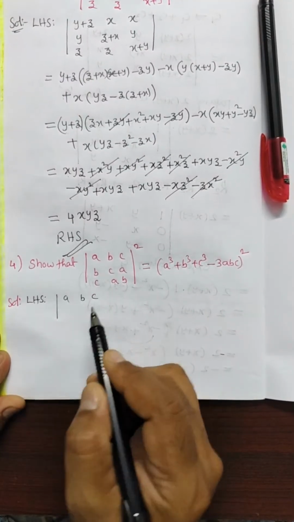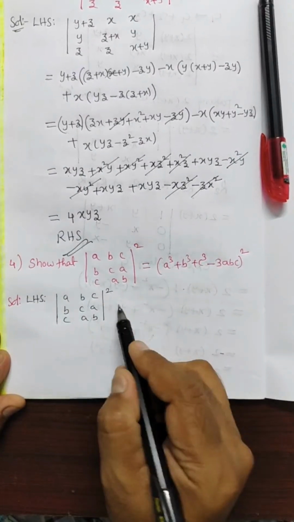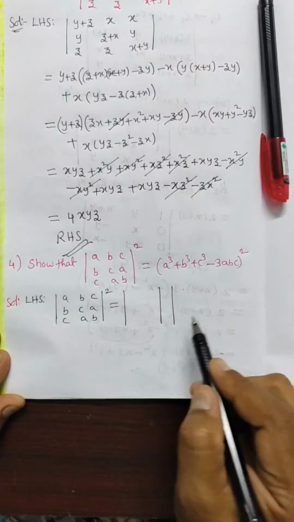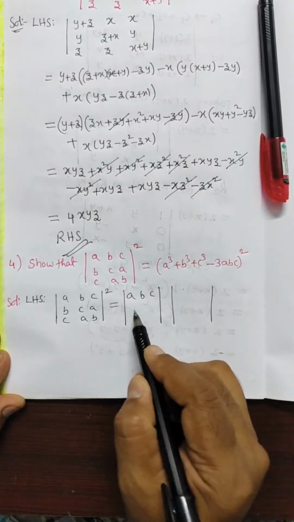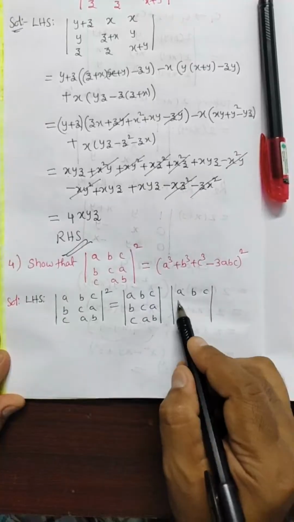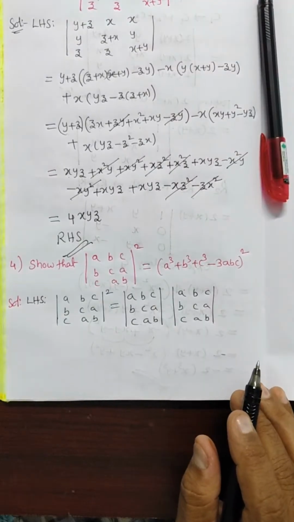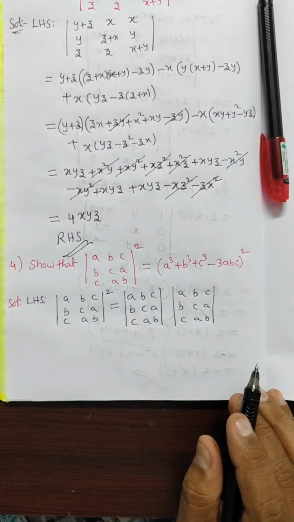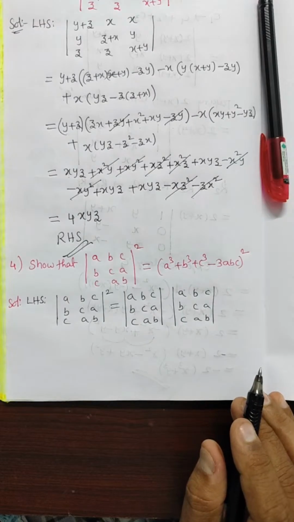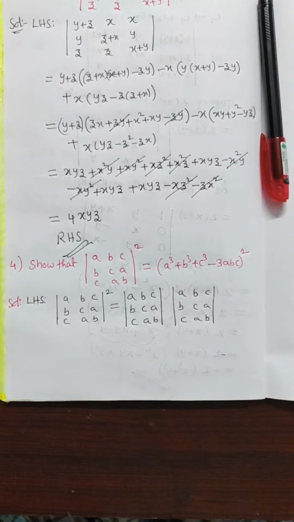Det ABC, BCA, CAB whole square. Whole square means we can write it as product of two determinants now: ABC, BCA, CAB times ABC, BCA, CAB. If you interchange two rows or columns, the sign of it will be changed.